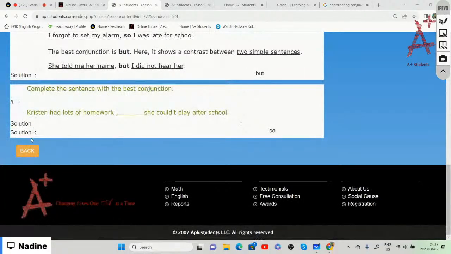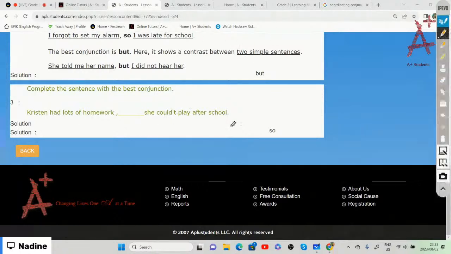Kirsten had lots of homework. She couldn't play outside. If we choose the best conjunction to join those two sentences, then we will choose so.